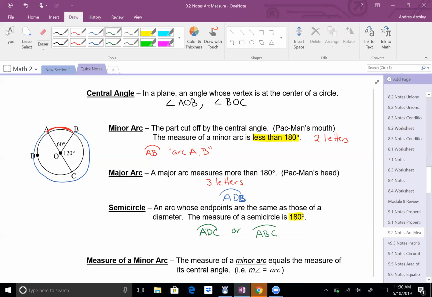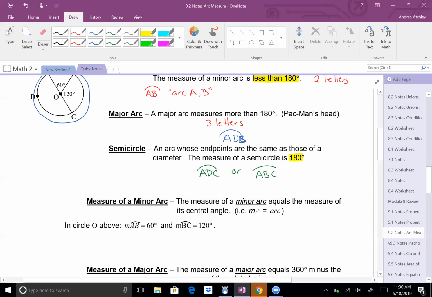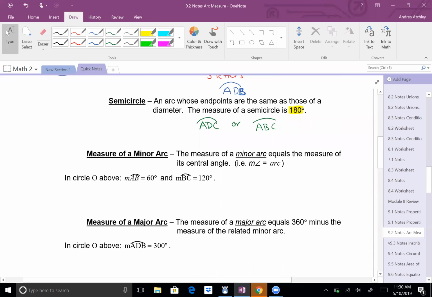Okay, now we have to talk about the measure of an arc. We measure arcs like we measure angles, in degrees. If I ask you for the measure of an arc, I'm asking you for the degrees of it. Minor arcs are equal to the measure of the central angle.